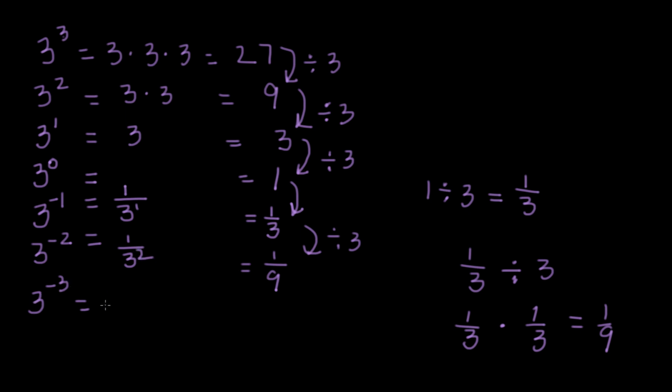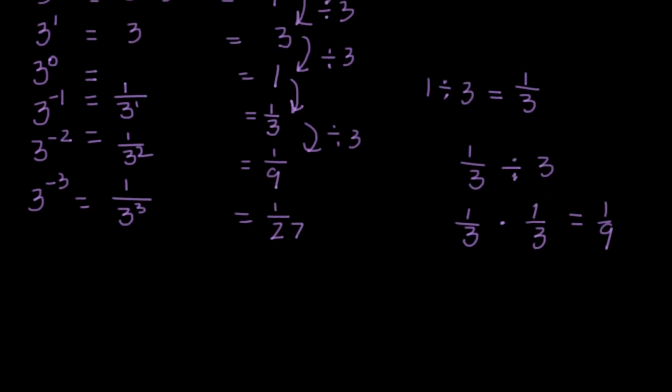So 3 to the power of negative 3 will be 1 over 3 cubed, which is 1 over 27. Okay? So now let's evaluate some problems where we have to substitute values for variables.